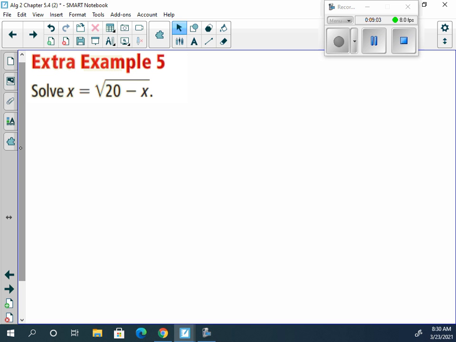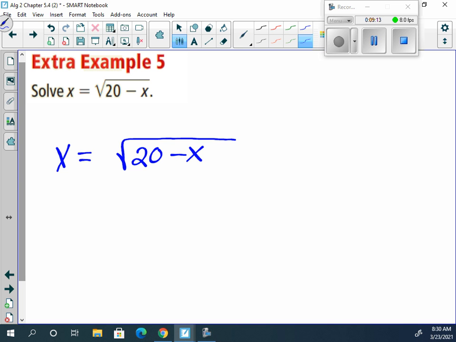Okay, let's look at this one here. x is equal to the square root of 20 minus x. Is the radical by itself? Yes, there's nothing else with the radical. The square root is by itself. Nothing being added to that radical, or nothing being multiplied by the radical.